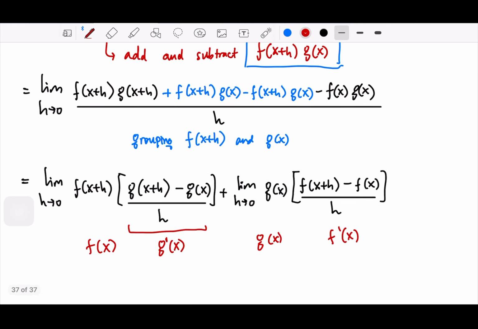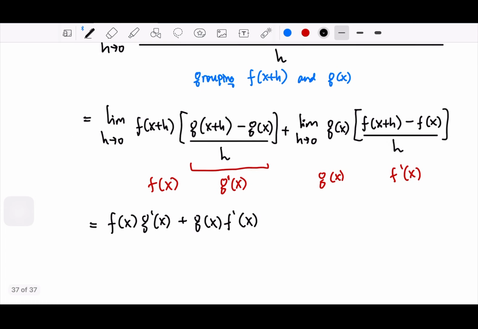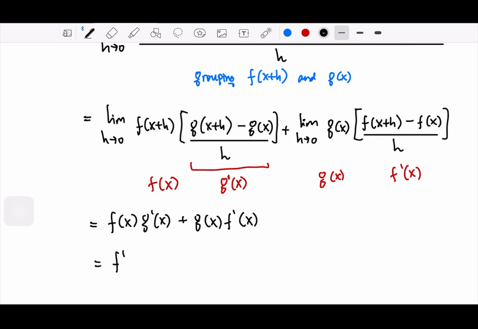So we can write that this results in f of x, g prime of x plus g of x, f prime of x. Or usually I write f prime of x g of x, to help you remember how it looks.